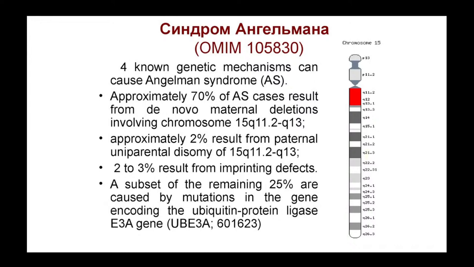Approximately 2% result from paternal uniparental disomy, and 2 to 3% result from imprinting defects. A subset of the remaining 25% are caused by mutation in the gene encoding the ubiquitin protein ligase.